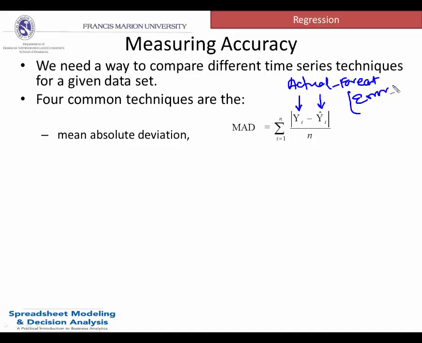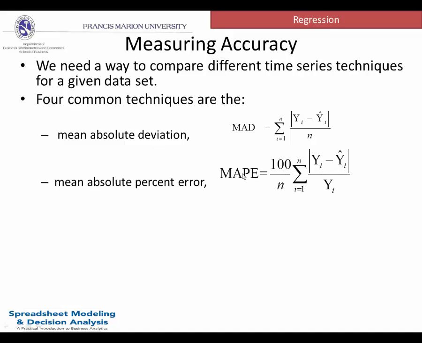We take the absolute value of error, and we find the average of these absolute values, right? Which essentially gives you the mean absolute deviation. So essentially this is your average distance from the actual value. Your forecast minus the actual is your distance, and when you take the absolute distance, this is the average distance of that.